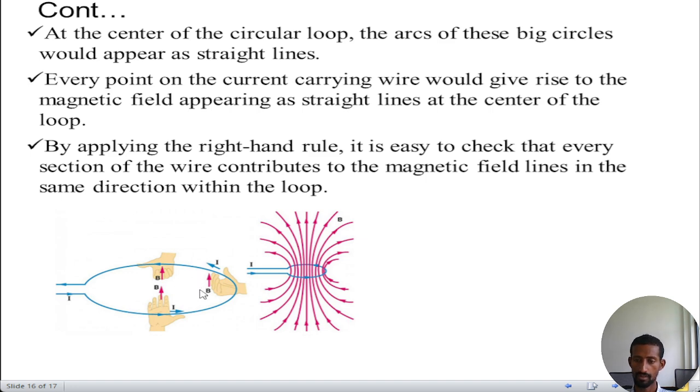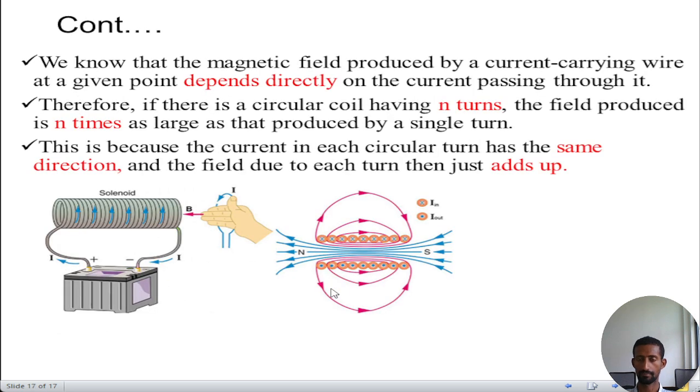So if you see here, each point will contribute to the central part, in the same direction.